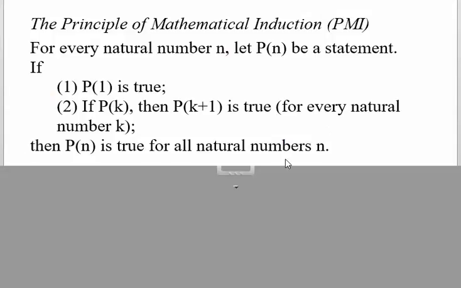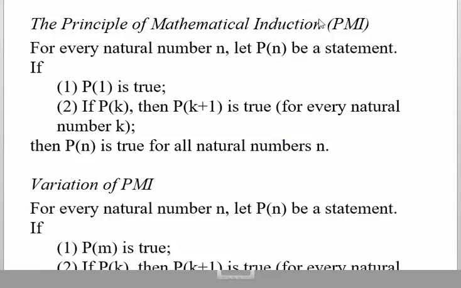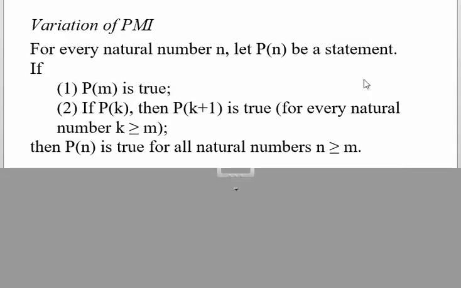We do have one variation of the principle of math induction. Sometimes it isn't true that statement number 1 is true, but it starts being true at a particular value. So this is a slight variation. Once again, Pn stands for a statement.